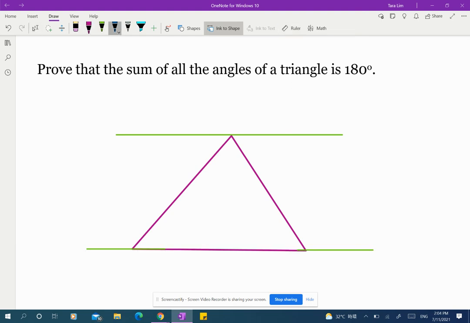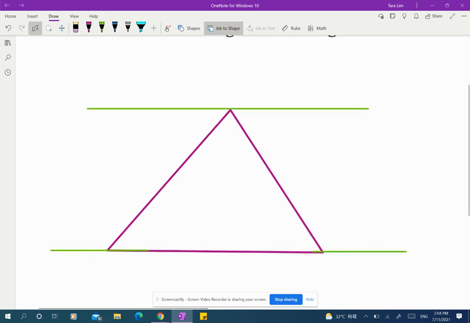And now what we want to do here, I am going to use another color to label the angles inside the triangle.